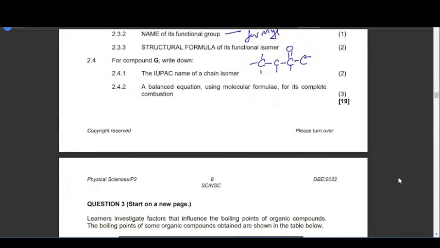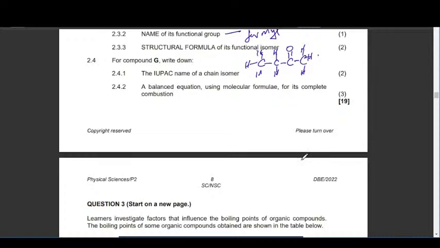I have to count and see if all of them are 4. This one is correct, this is correct, this is correct, and this is correct. So that's the structural formula for that functional isomer.